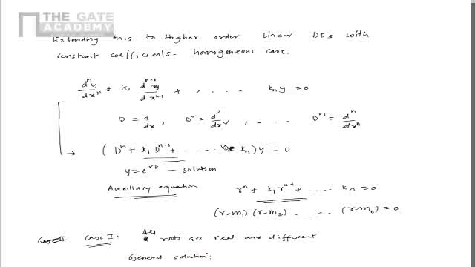So these are different solutions, and the general solution will be a linear combination of all of these n independent solutions. So you have n independent solutions which are something like this. These are all independent solutions.